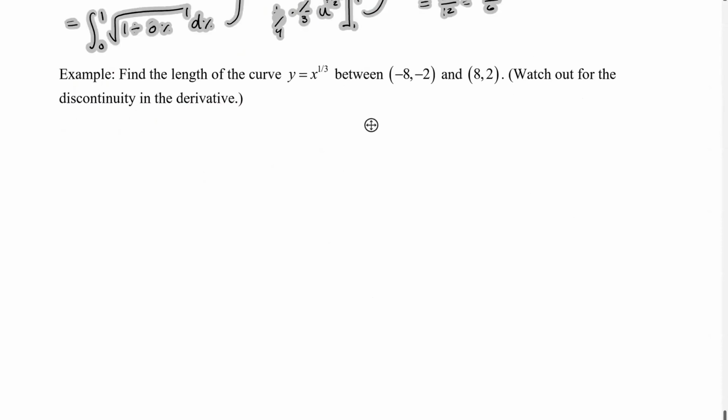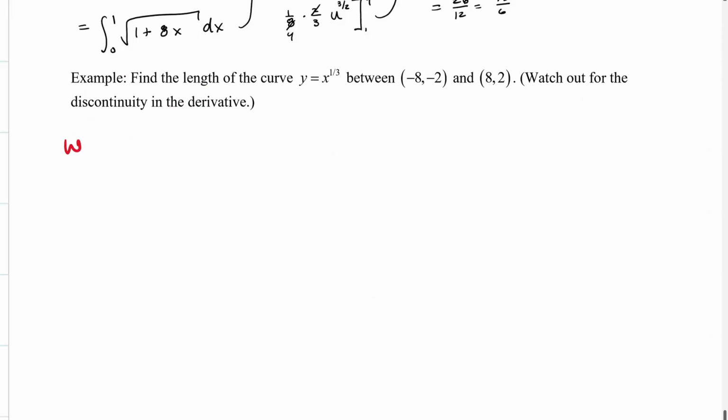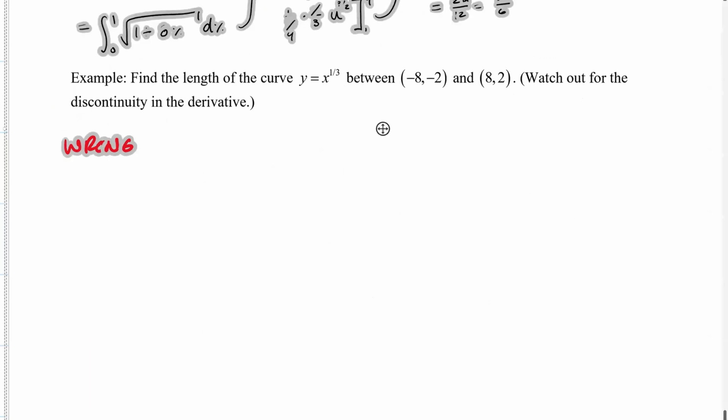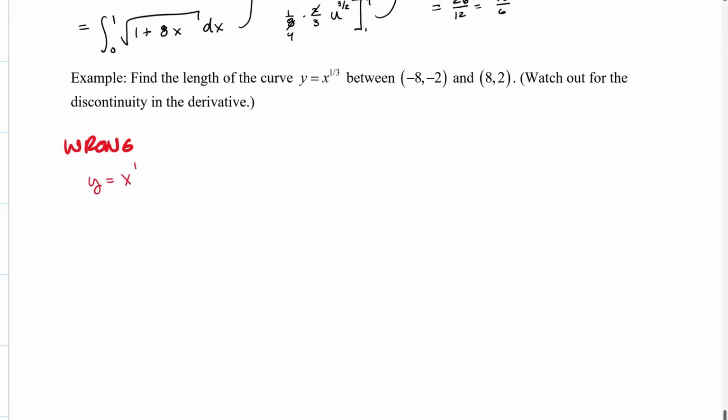I'm going to do this in red, because what I'm going to do initially is going to be wrong. I'm going to purposely do it wrong, and we're going to see where it leads. I'm going to just pretend everything is fine. y is equal to x to the 1/3. Therefore, dy dx is equal to 1/3 x to the negative 2/3.